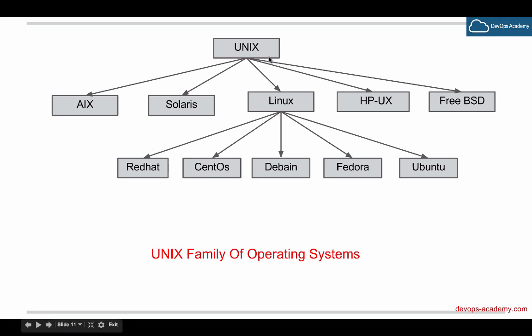So we will basically look into Linux, especially the Ubuntu flavor. So don't worry. Whatever you learn in this course, the bash commands and the bash utilities or the command line utilities, work on almost all of the Unix based operating systems.